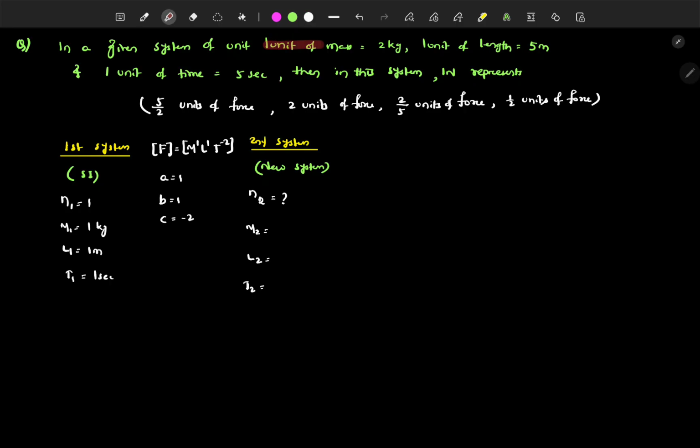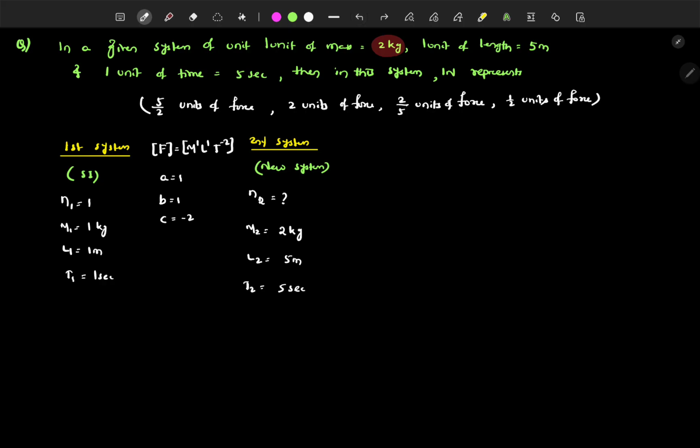In the new system, 1 unit of mass is 2 kg. That means in M2 you have to mention 2 kg. 1 unit of length is 5 meter, and the T2 value is 5 second. I hope it is clear.